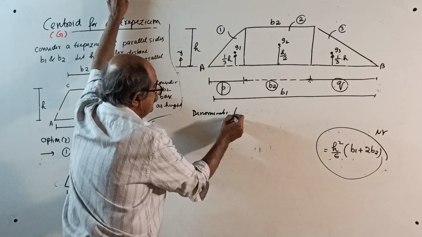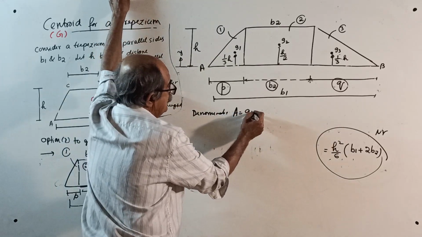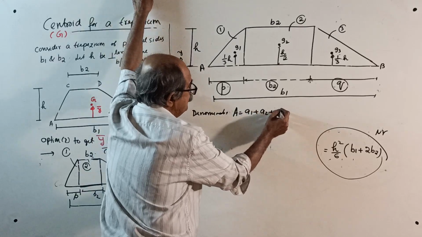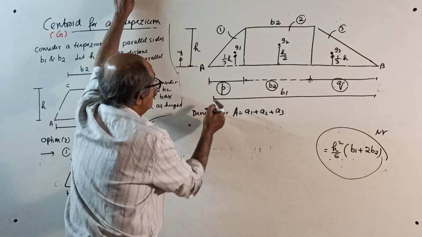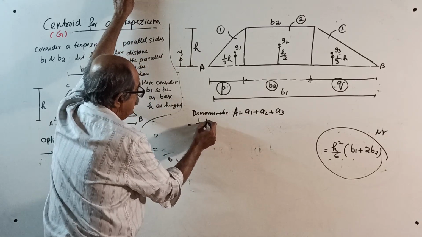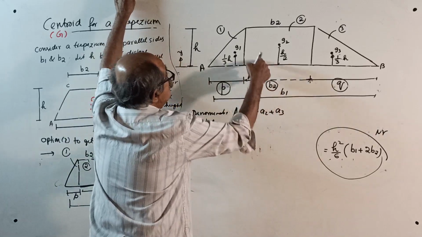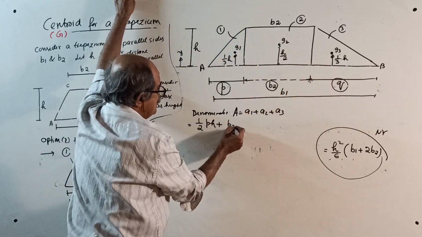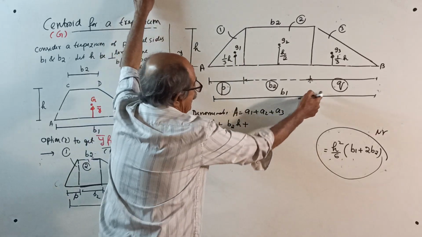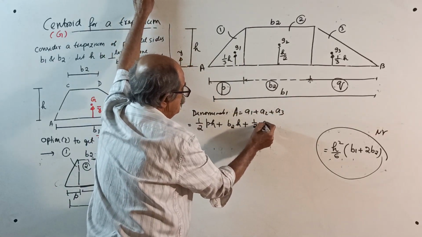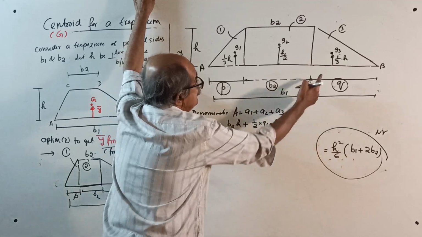Denominator is the area, equal to A1 plus A2 plus A3, or half into P into H, this area, plus B2 into H, this area, plus half into Q into H, that area.